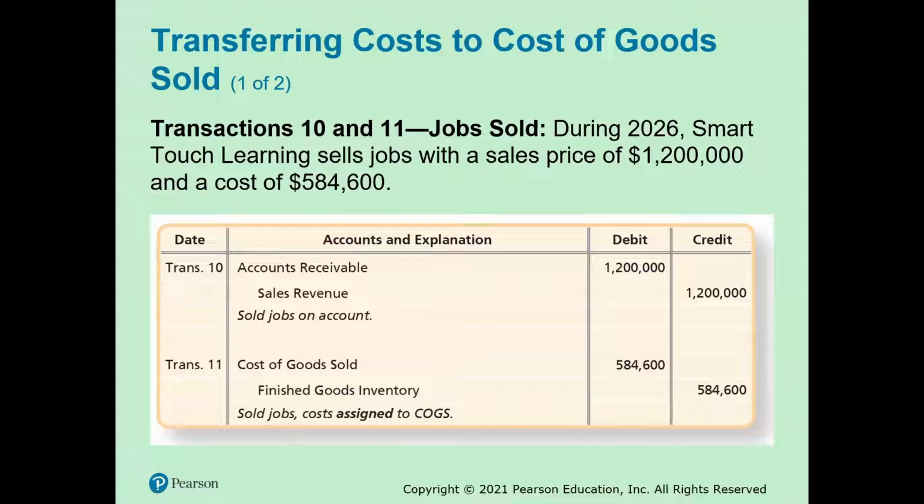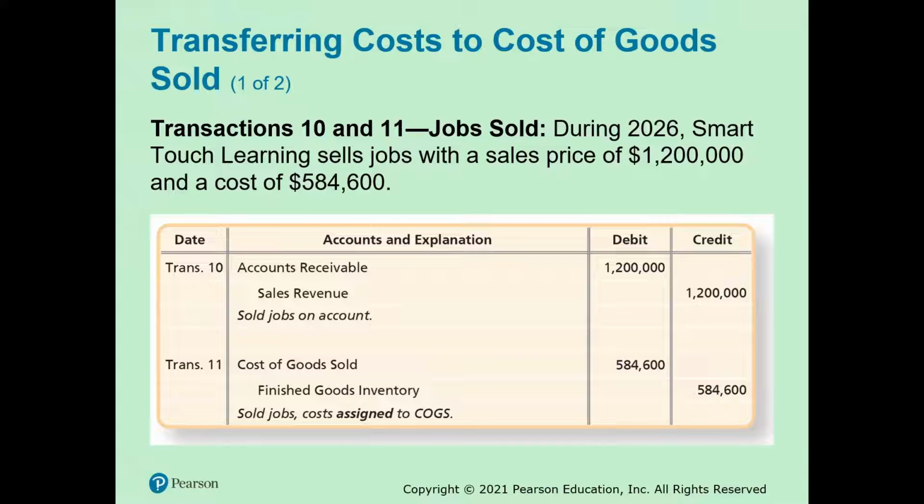Transactions number 10 and 11 record $1.2 million of sales on account for jobs with a cost of $584,600. Smart Touch Learning records 2 entries, one for the sale and the other to recognize the cost of goods sold.